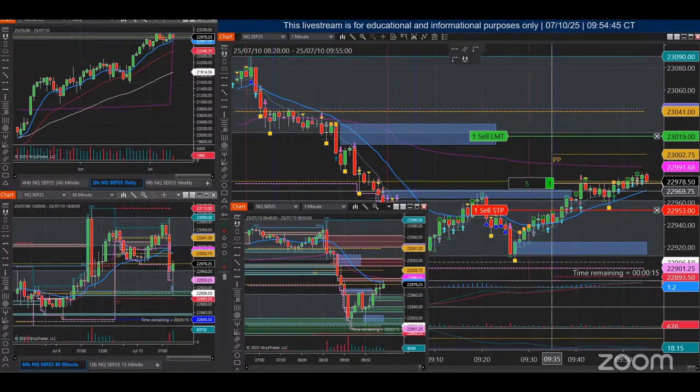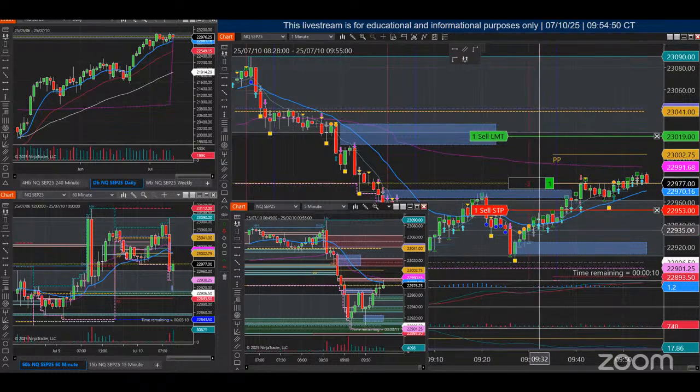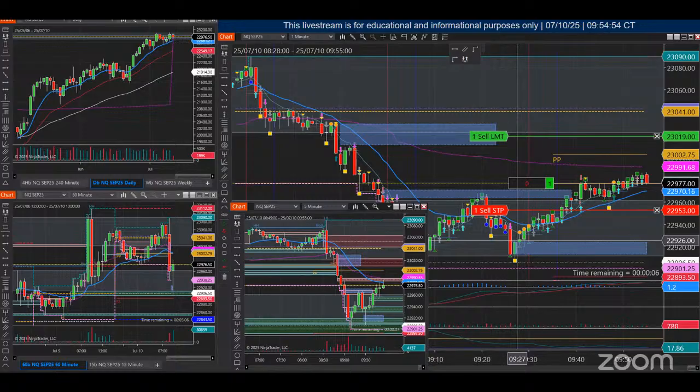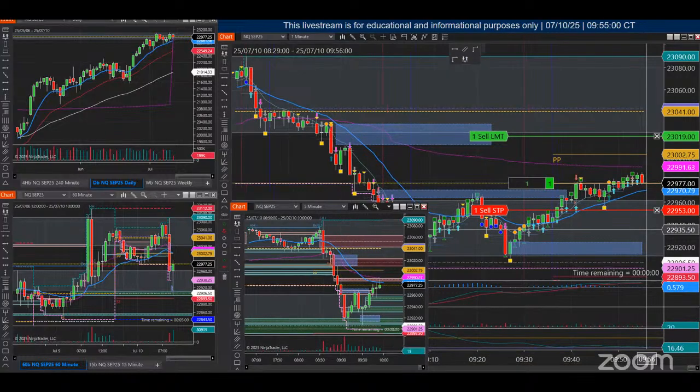we have kind of a breakup structure and a liquidity grab. Either the liquidity is somewhere here. So for that reason, this is not a very high probability trade.